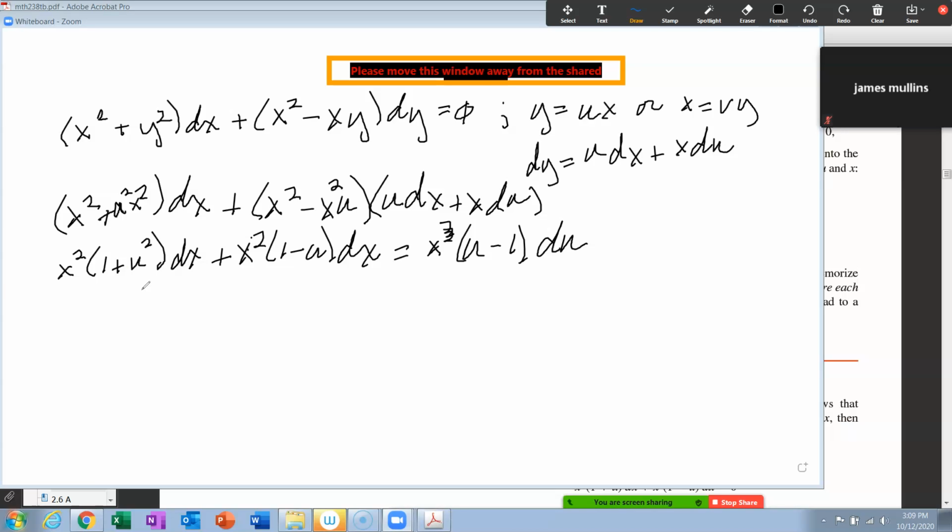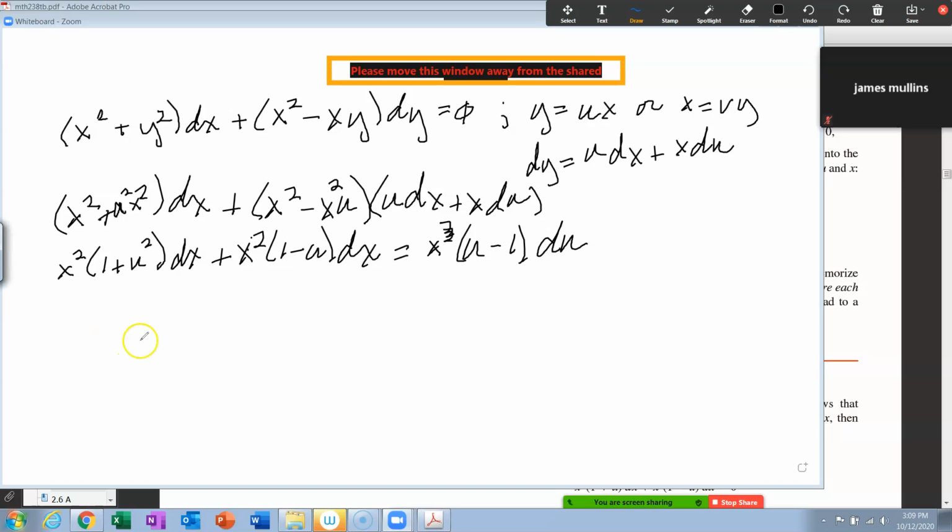So I've got x squared times... okay, looks like something squirrely here.